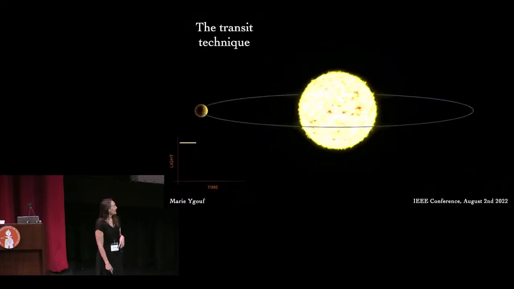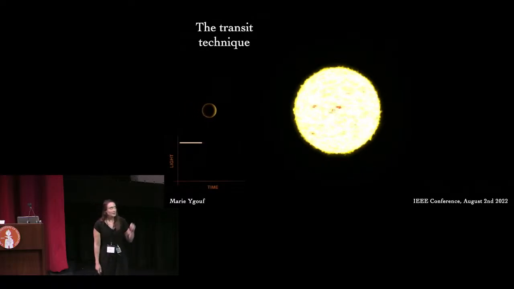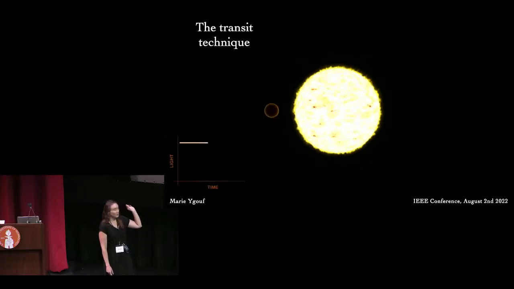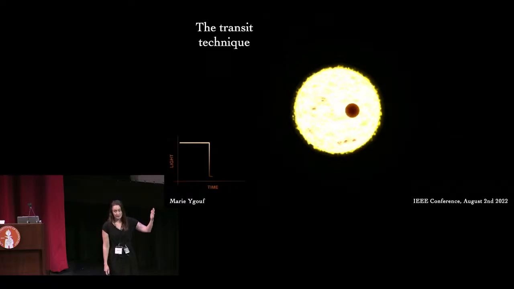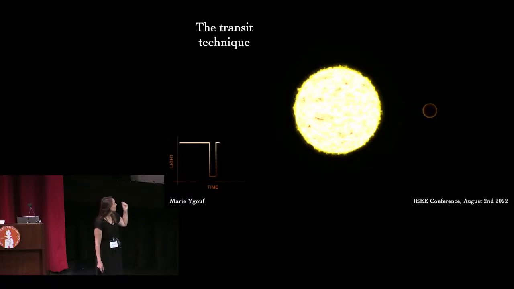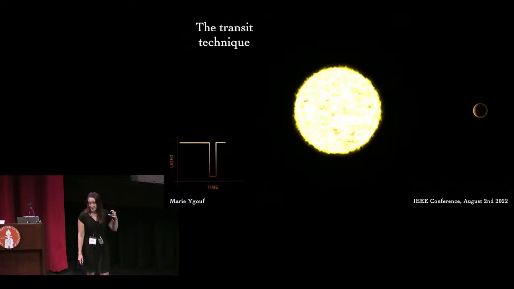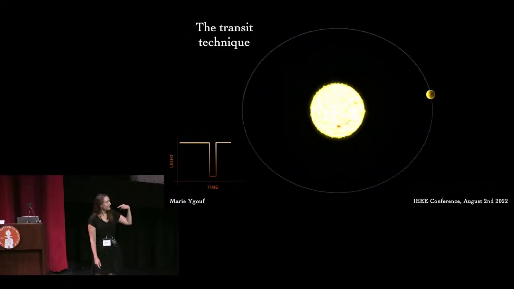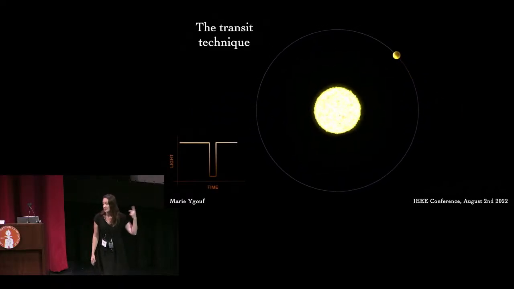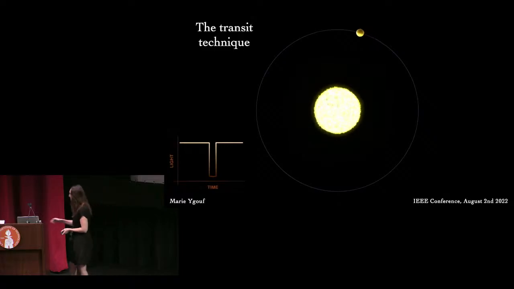which is pretty intuitive because we actually look at a planet that passes in front of the star, and we can see the brightness of the star decreasing in time and increasing again as the planet orbits periodically around the star.